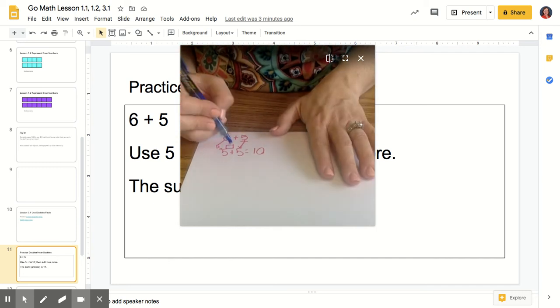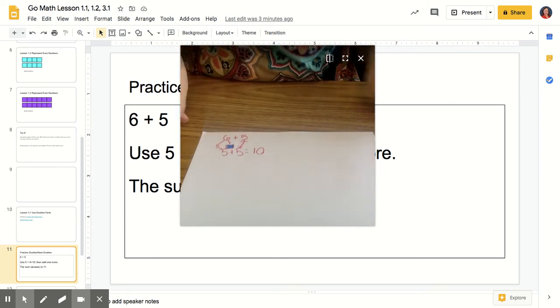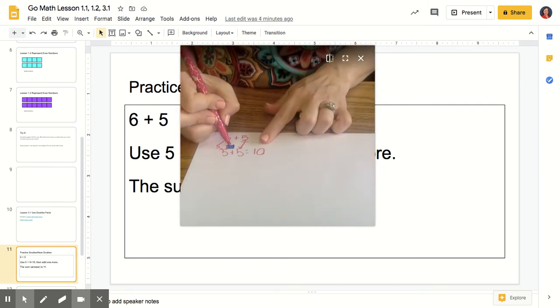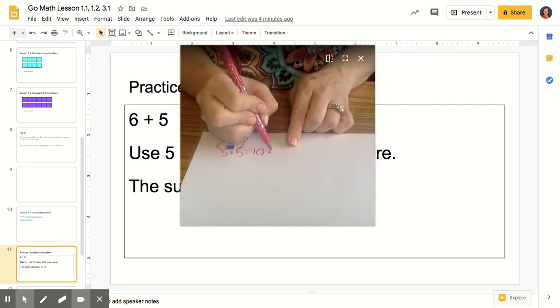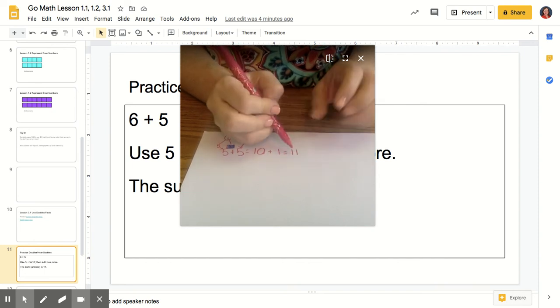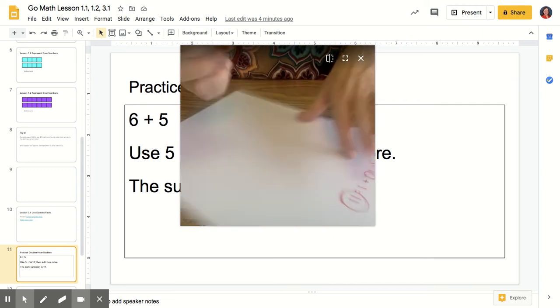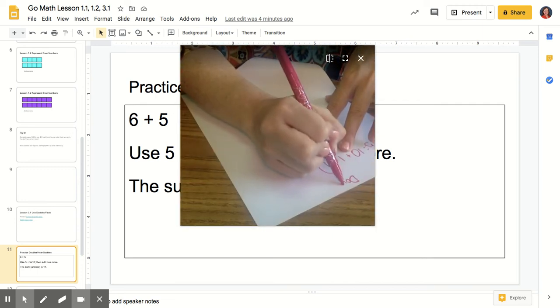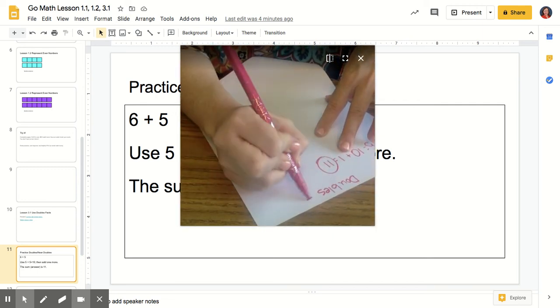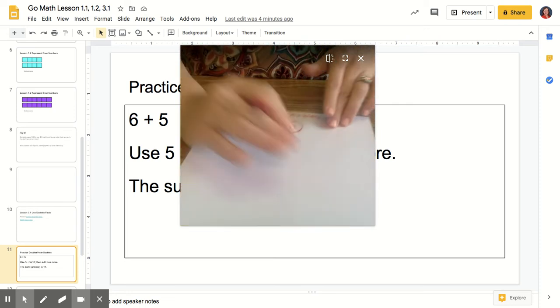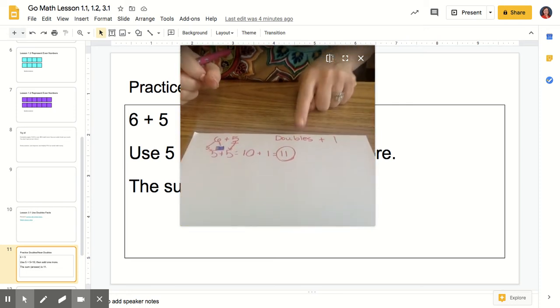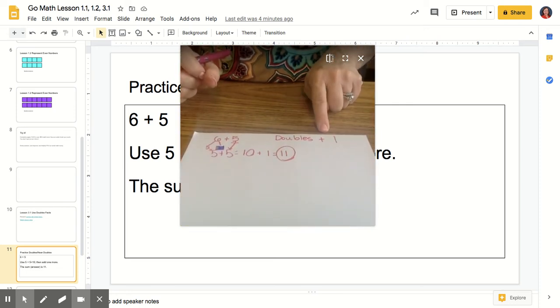What number is missing? Does anybody know? If you said 1, you're correct. So then I have to go back and add that 1 to get 11. All right, this strategy is called doubles plus 1.